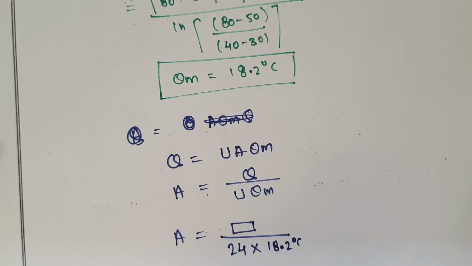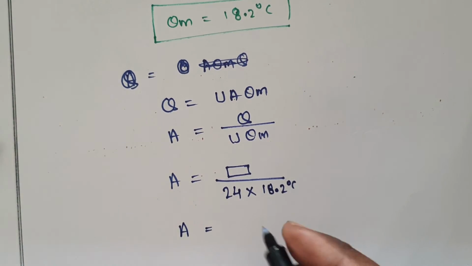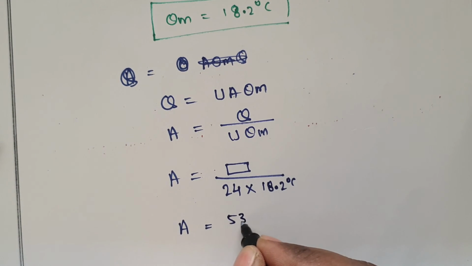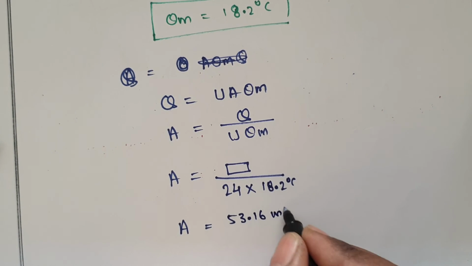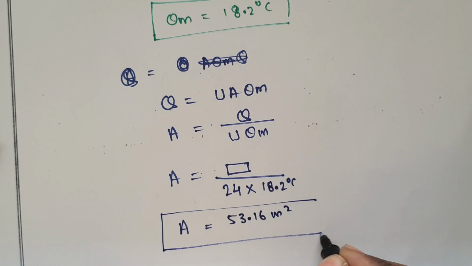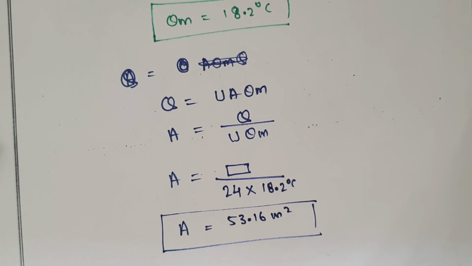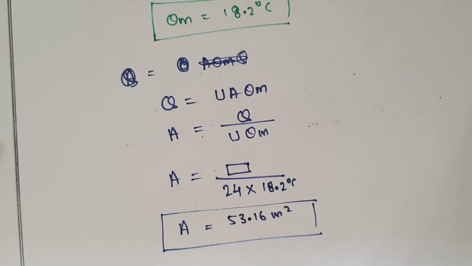If you find this with the help of a calculator, the area you will get is 53.16 meter square. In this problem, he is asking to find the area. So like this you can find the area. Area is equal to 53.16 meter square.